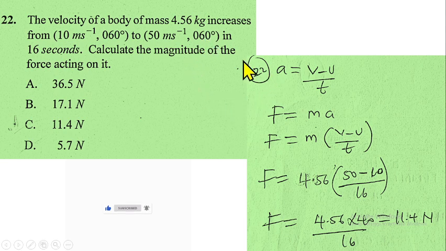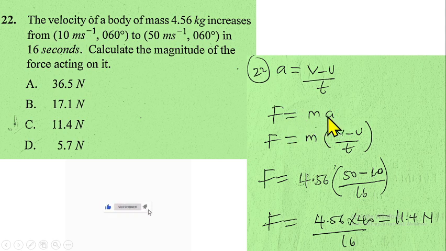So this is motion related to force. Now we know that acceleration is equal to change in velocity over time. Then from there, we also know that force is equal to mass times acceleration.